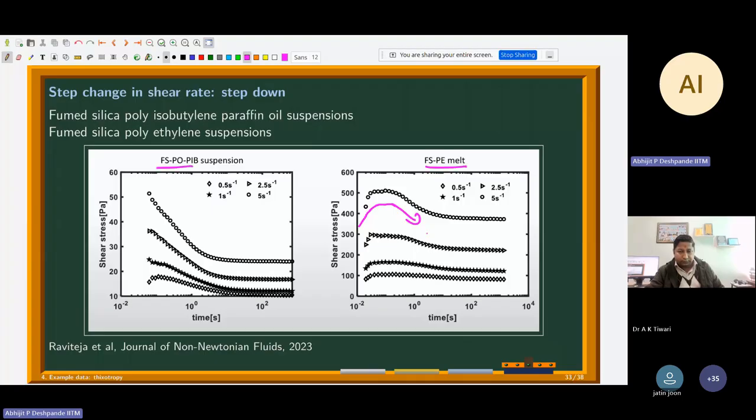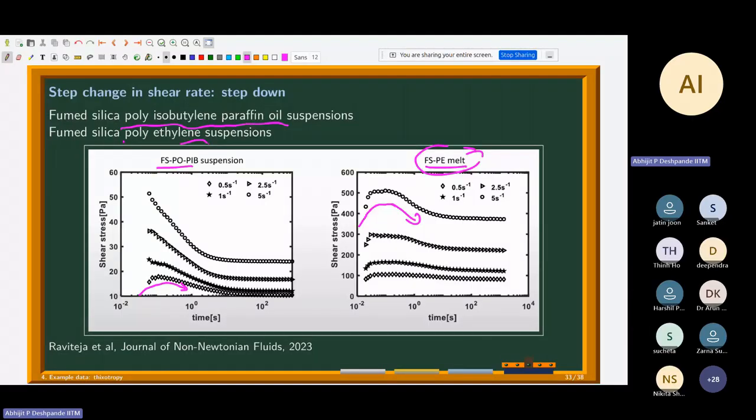The increase and decrease is quite prominent in the case of the polyethylene, but it is only possible to be seen in some cases if we use paraffin oil suspension. So we propose this as a new model system which can highlight the influence of thixotropy and viscoelasticity much more, by changing the model system. Instead of using paraffin oil as the medium, we use polyethylene melt as the medium.